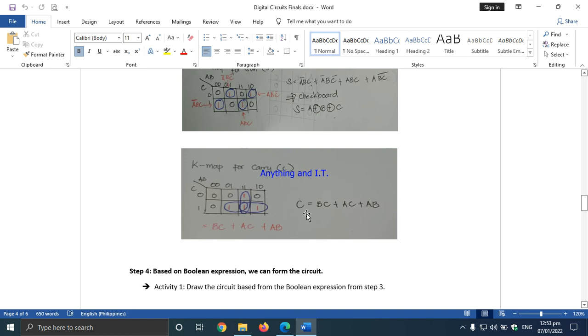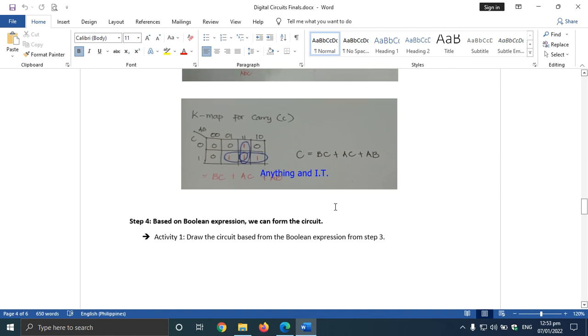So this will be our Boolean expression for carryover. So BC is at this one, this grouping. This is BC. We also have AC. Ito siya yung nasa gitna. And AB is yung nasa dulo.